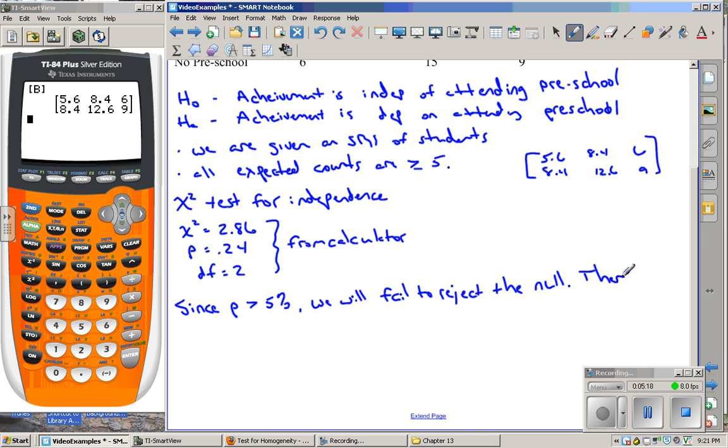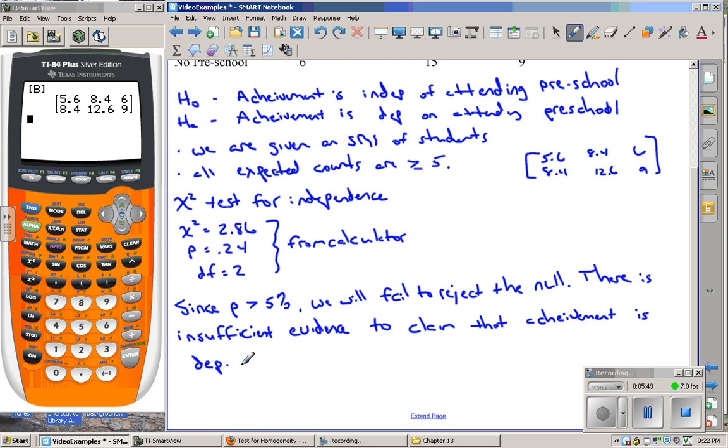There is insufficient evidence to claim that achievement is dependent on attending preschool.